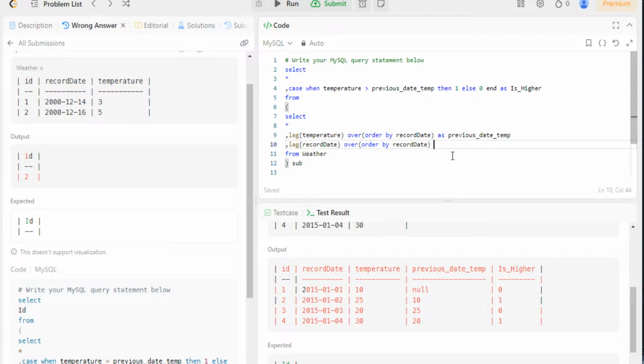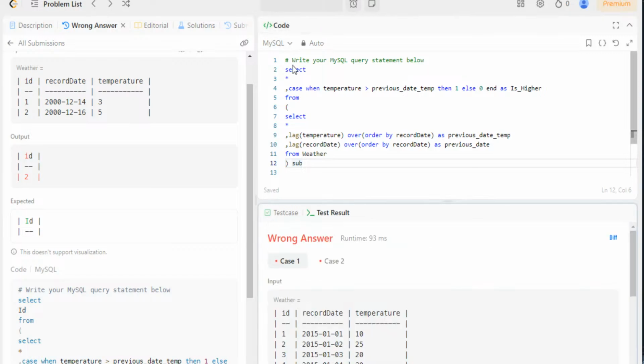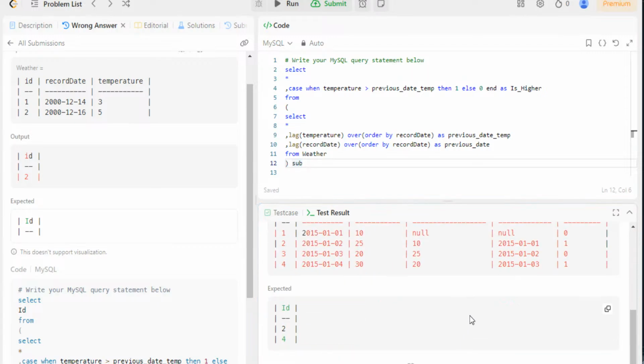So what I'm doing, seriously, there we go, as previous date. All right. And then let's run this. So I'm actually going to do some math to see if it's the actual previous date.